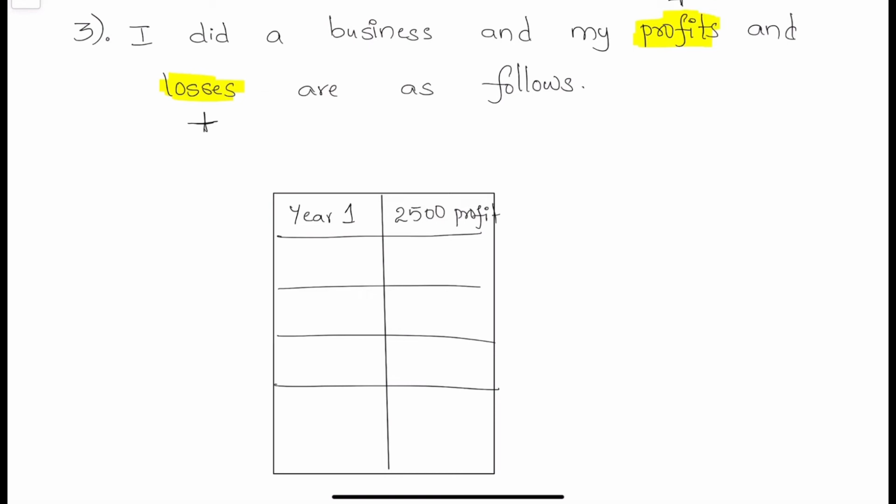Okay. Year two, I got 6,000 loss. Year three, I got 3,000 loss. And year four, I got 10,000 profit.